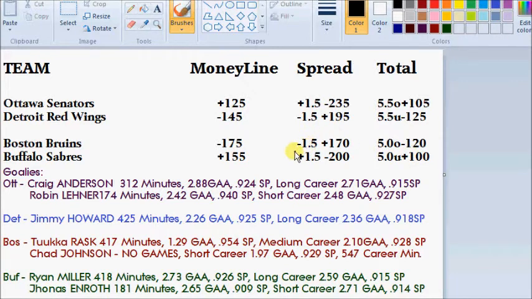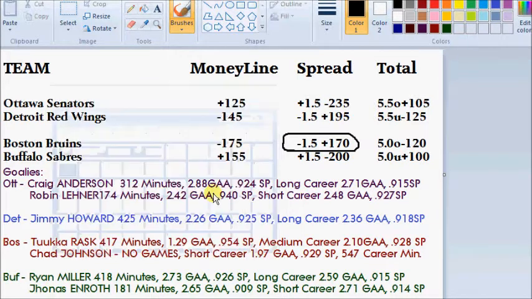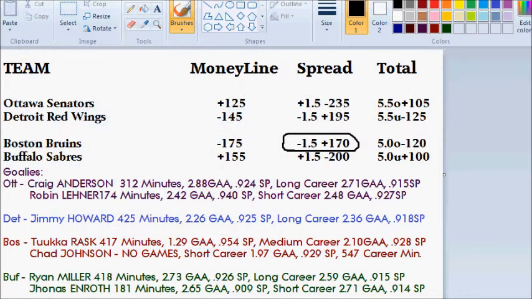Now, as far as this one here, how about Boston laying a goal and a half at plus 170? Now, how confident do you have to be within that? Well, we take 2.7. We take the reciprocal, 37%. So I would like to be about 42% confident long run that Boston's going to win by 2.